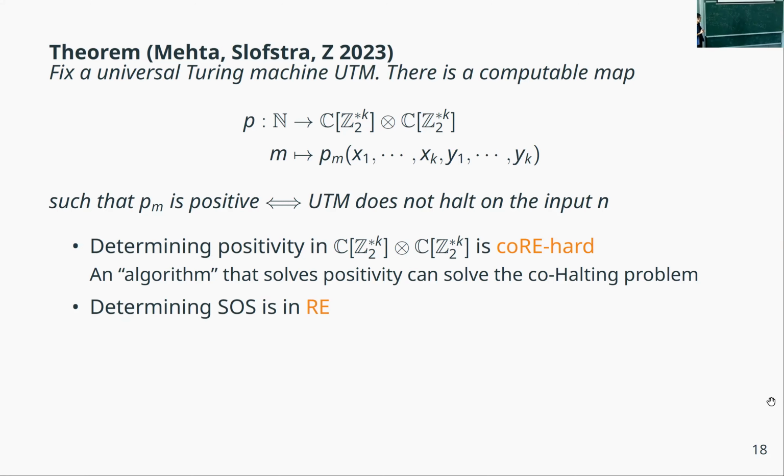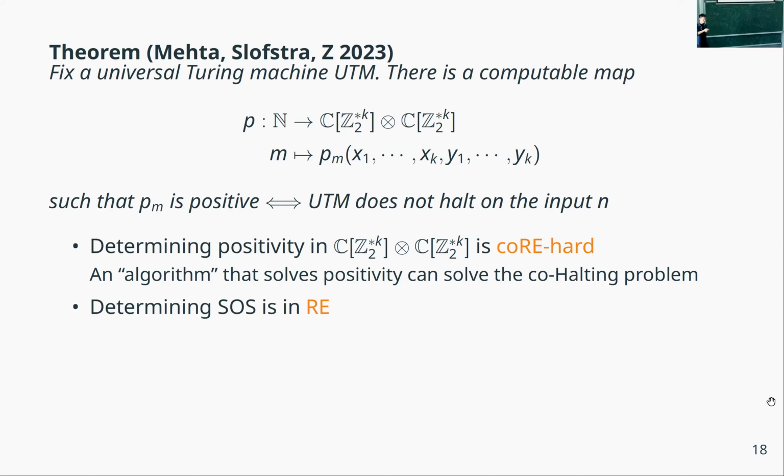On the other hand, if a polynomial has a sum of squares decomposition, then there are theorems that tell you the number of terms and the degree of all those polynomials are bounded. So you can always search, and if a polynomial has a sum of squares decomposition, you can always output it.